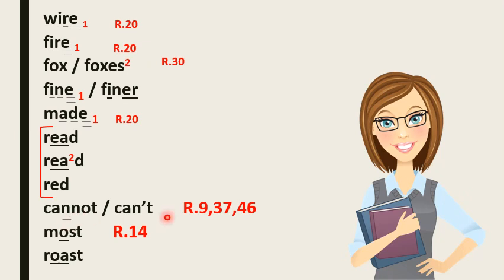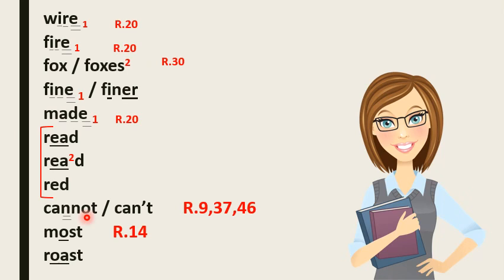Here we have Rule number 9. Rule number 9 says double consonant within words of more than 1 syllable should be both sounded for spelling. So whenever we have double consonants like this one, you see here, this is double consonant.